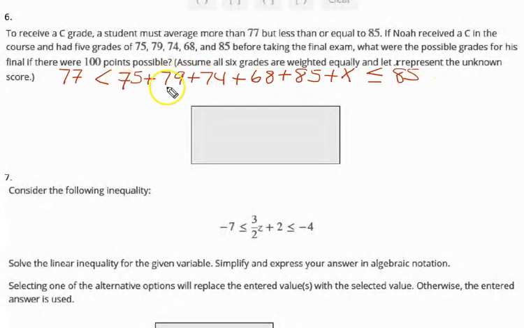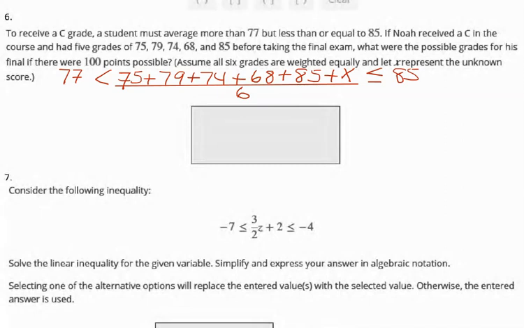This is not an average yet. In order to make this an average, I have to take this and divide it by what? Well, 1, 2, 3, 4, 5, 6. I have to divide this by a 6. Now I want to get rid of that 6. How do I do that?